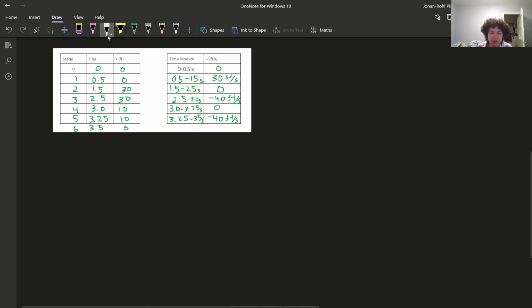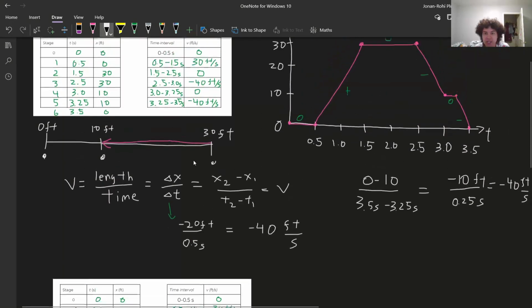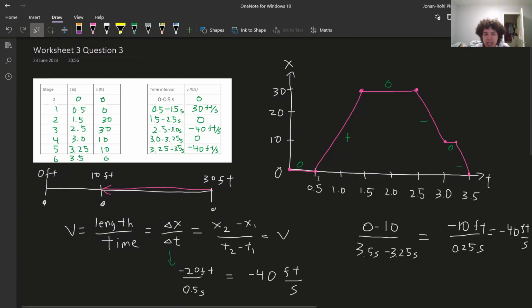So in order to think about time intervals and the velocity during them, we need to think, oh, during a specific time, something is happening. So back in the position diagram, we noticed that from 0 to 0.5, you were standing in one place. So during that interval, we drew a straight line to represent that that was your position the whole time.